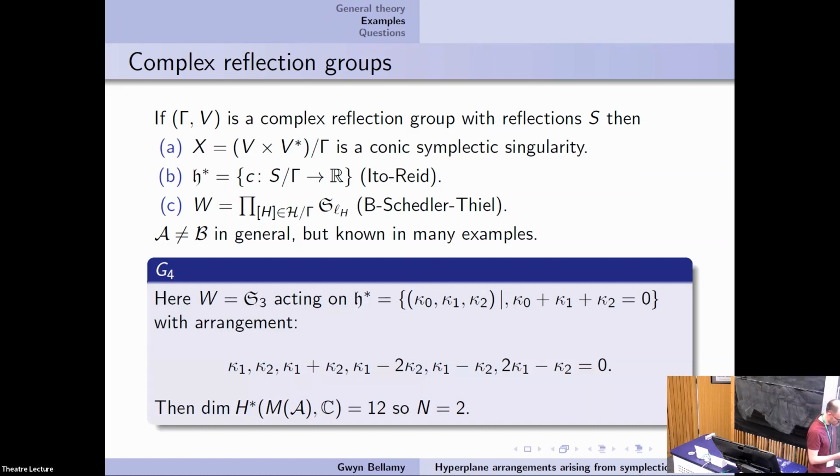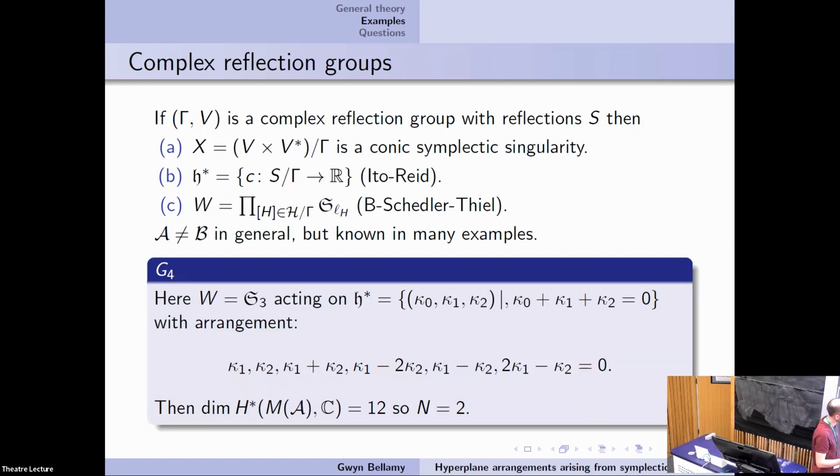Okay, so some examples. This is a particular favorite of mine, because everyone knows this G4, the smallest of the exceptional complex reflection groups. Probably most of you will already guess from part C that here you just get the symmetric group on 3 letters. And H dual is the reflection representation.